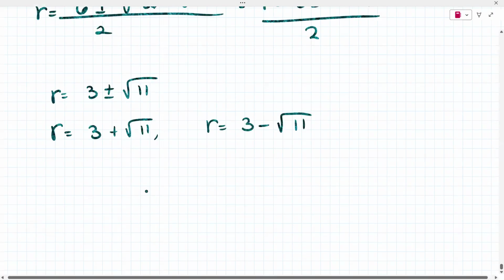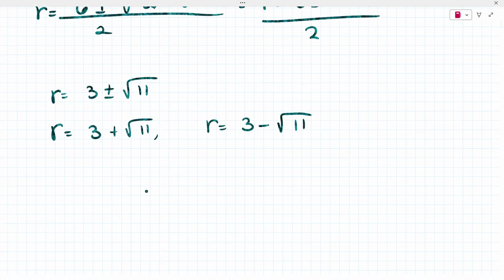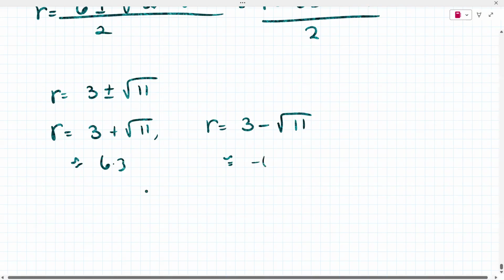These are still technically real, right? That's an actual value. If you put that in the calculator, that is 6.3, and if you put this in the calculator, that is negative 0.3.